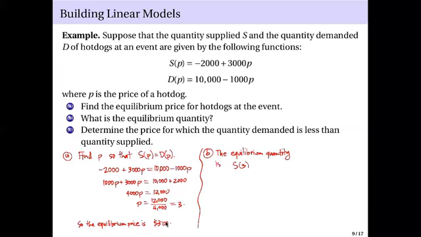Let's just use S of 3. This is equal to minus 2,000 plus 3,000 times 3. But this is equal to what? Minus 2,000 plus 9,000, and this is equal to 7,000.